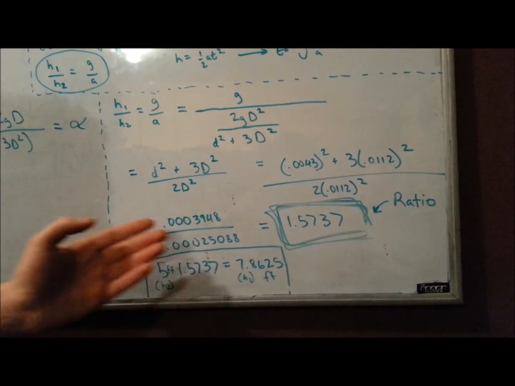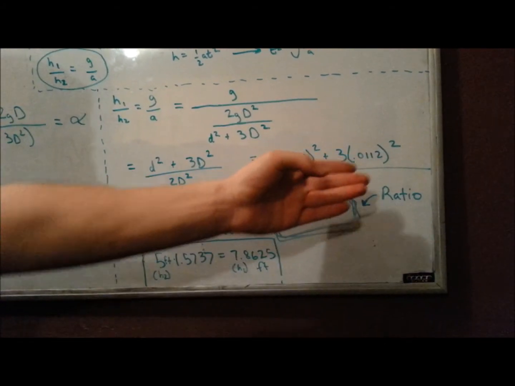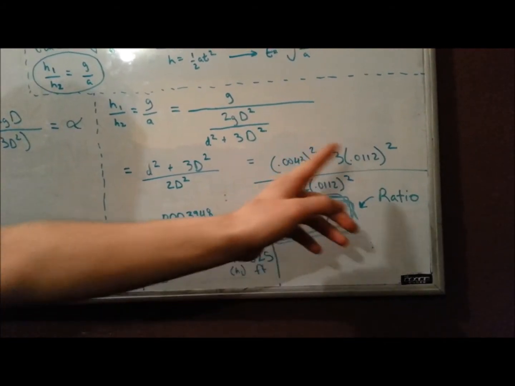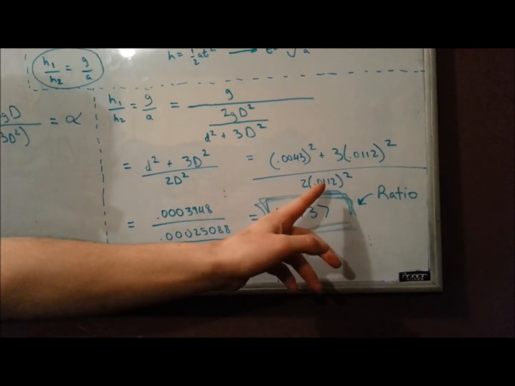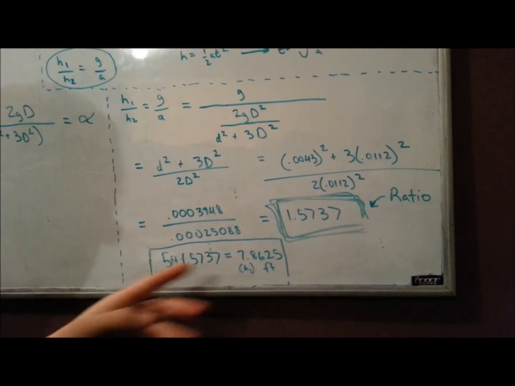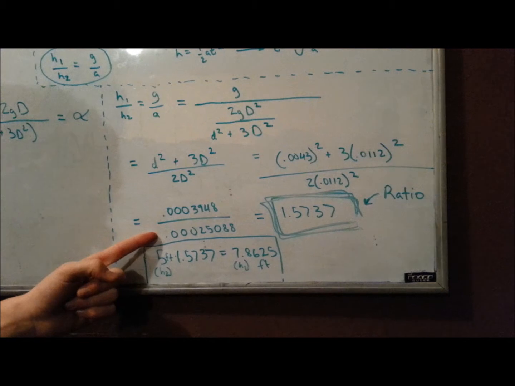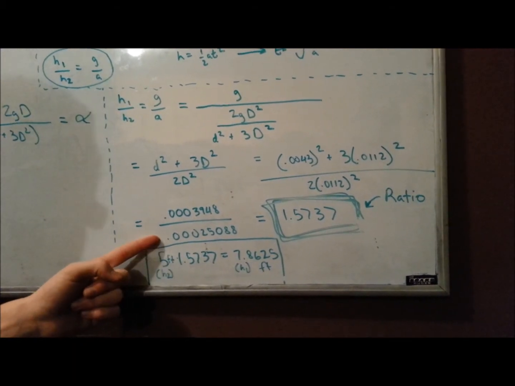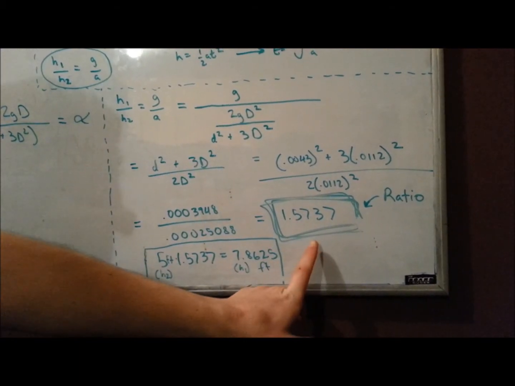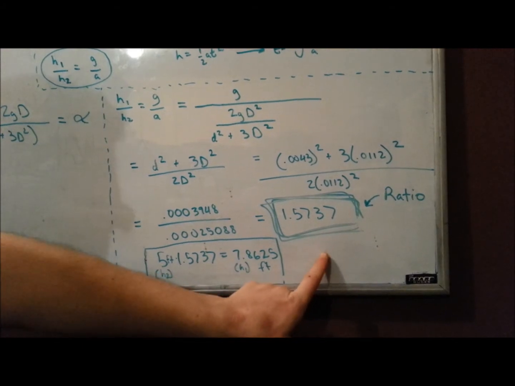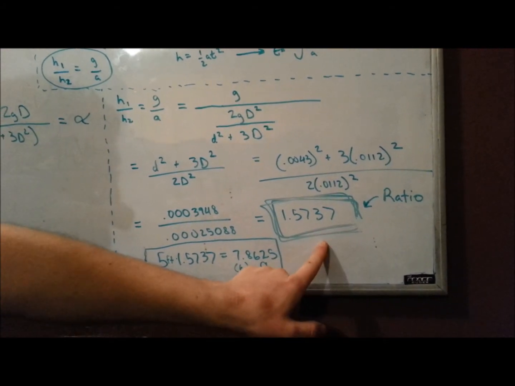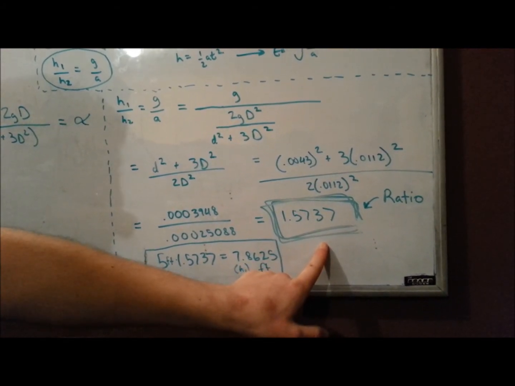Now, we measured the toilet paper roll and got our inner and outer diameters, which we have here. We plugged it into this, and if you solve for that, you get very small decimals. If you divide those, you get 1.5737, which is the ratio between the heights due to the difference in acceleration.